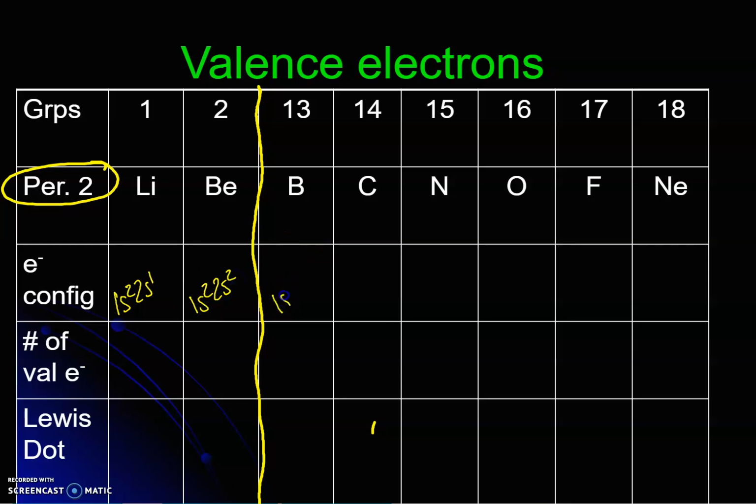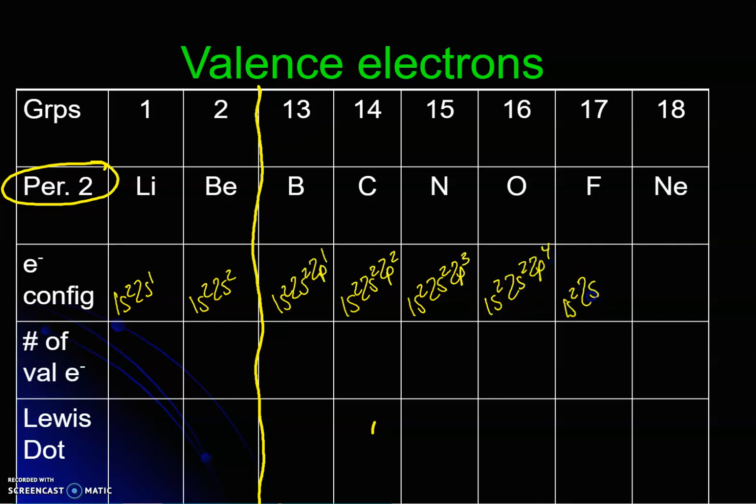Boron, 1s2, 2s2, 2p1. 1s2, 2s2, 2p2. 1s2, 2s2, 2p3. 1s2, 2s2, 2p4. 1s2, 2s2, 2p5, and 1s2, 2s2, 2p6. So what we have seen from our previous chapters, no problem, we got that all taken care of.